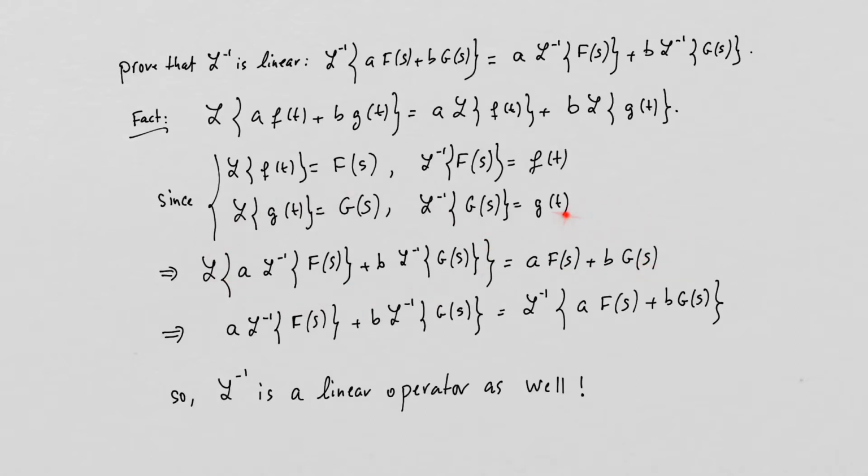Therefore, inverse Laplace of this has to be this stuff inside. So I copied the stuff inside, which has to be inverse Laplace of this quantity. And we're done. Because this is exactly this, and this is exactly that. Therefore, Laplace inverse is linear. And therefore, we can use it anytime we want.